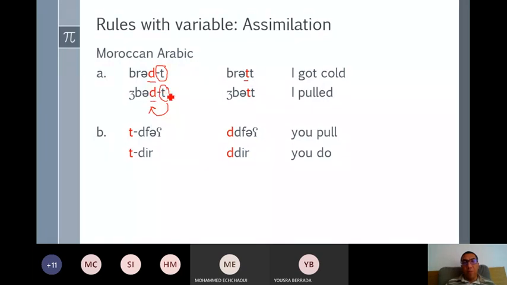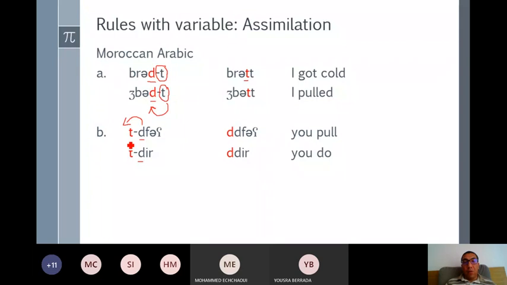Actually, it is a prefix. Similarly, when the word starts with a voiced consonant, that voiced consonant again affects a voiceless consonant, and it becomes voiced.